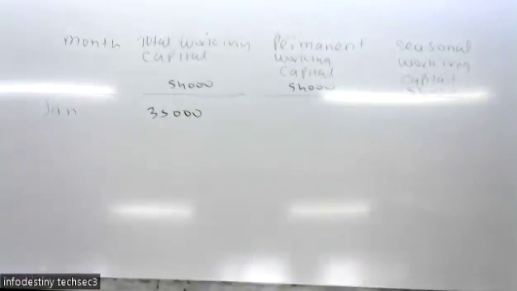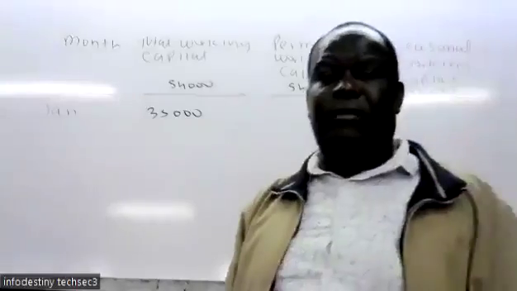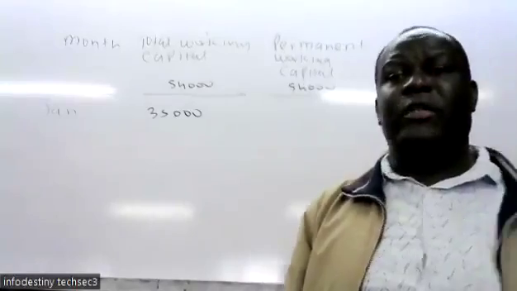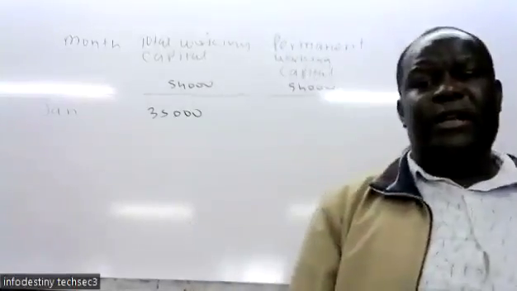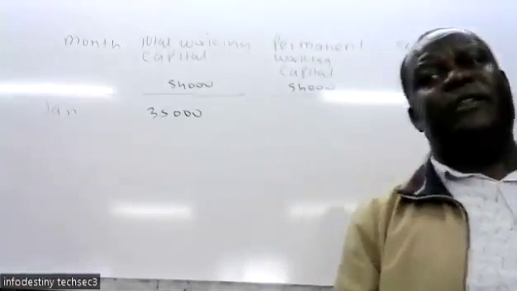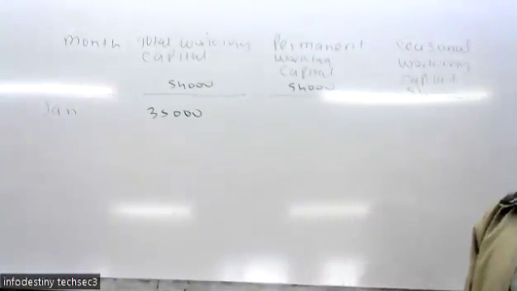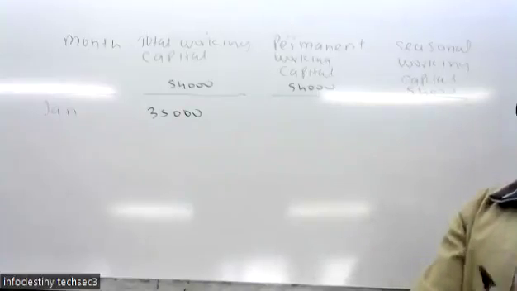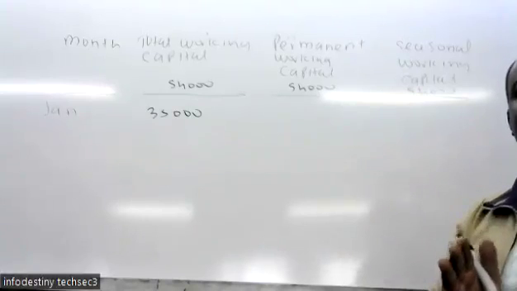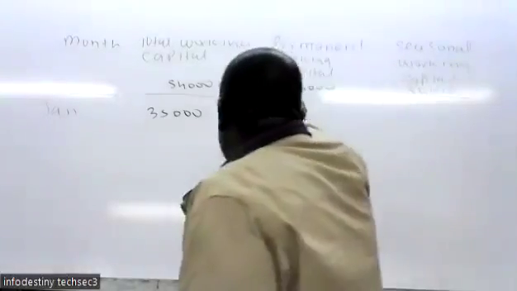For permanent working capital, you check from January to December which one is the lowest. The lowest among all the months represents the permanent working capital. The lowest is 35, so they have said it is 35.